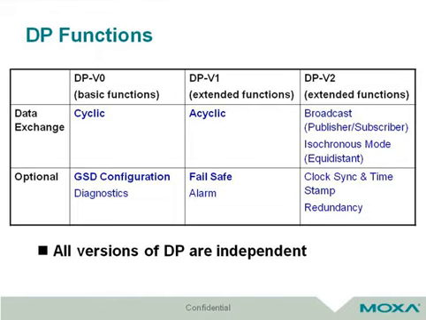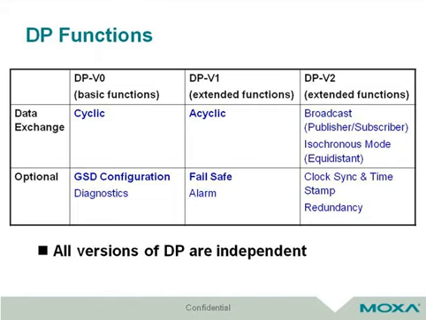DP version 1 makes it possible to transmit acyclic read and write functions as well as alarms between master and slaves, parallel and independent of cyclic user data communication. With DP version 1, it meets the requirements of even complex devices, which often have to be parameterized during operation.